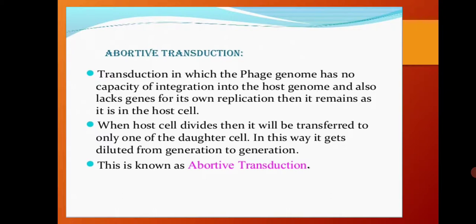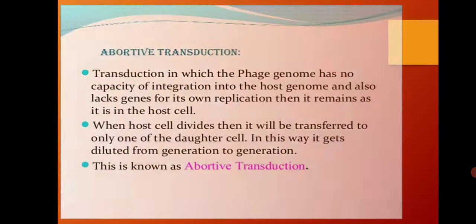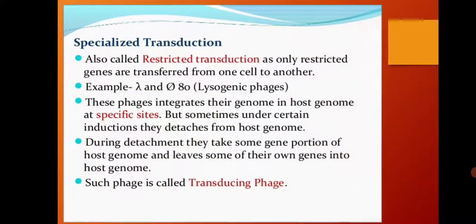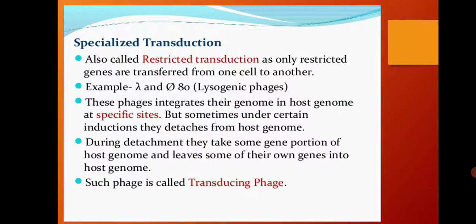That is your abortive transduction: transduction in which the phage genome has no capacity of integration. As I told, there is no integration with the bacterial genome, and hence they replicate on their own. The bacterial genome will replicate itself and the phage genome will replicate itself, but it will use the host machinery as it depends on the host for replication. That is the difference between complete and abortive transduction.